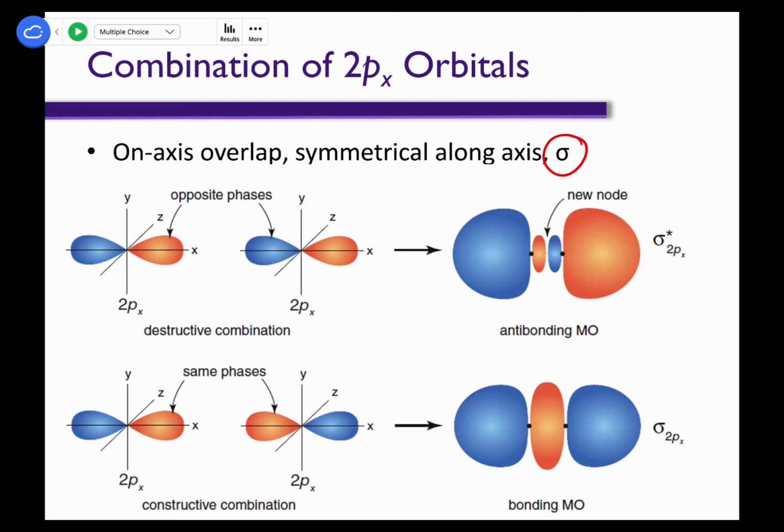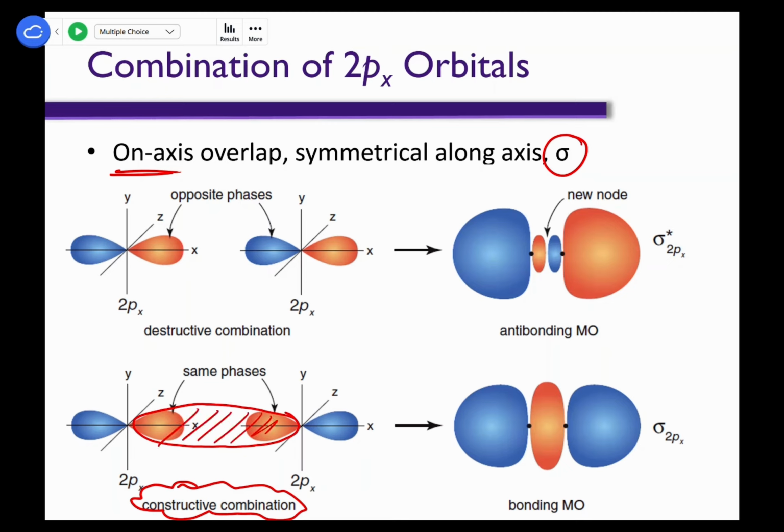So let's take a look at these options here. When we're combining on axes, the axes between the two nuclei, I'm going to start at the bottom here. The bottom of this image is constructive combination. How do we know it's constructive? Well, the lobes that are coming into contact with one another are in the same phase.